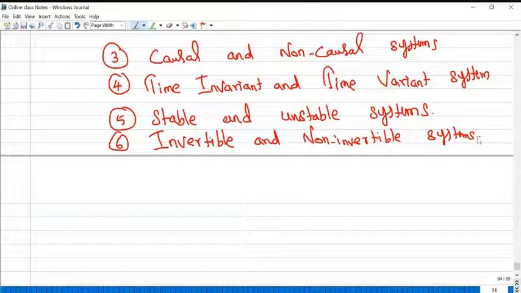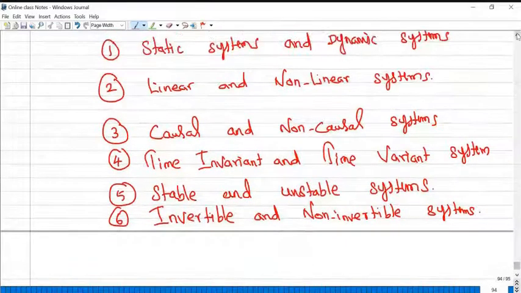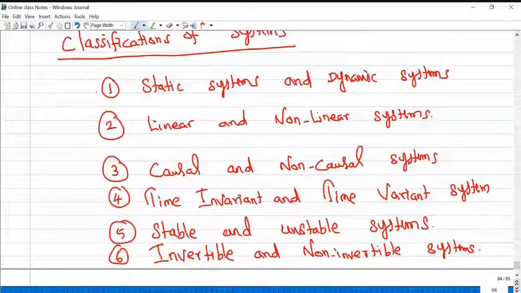So these are the total possible classifications of systems. We shall continue the same system topic in the next class. Then we will solve the definition as well as problems for each system.